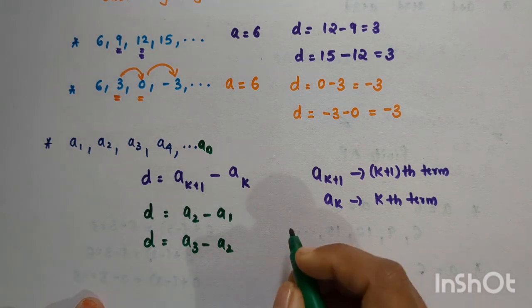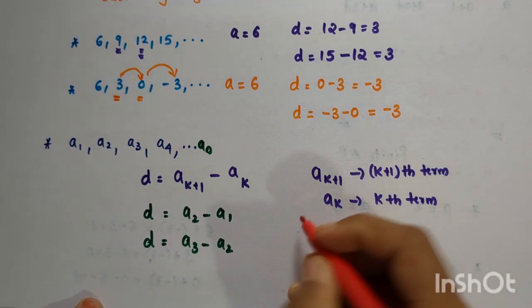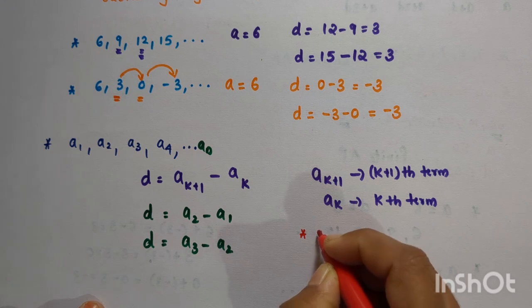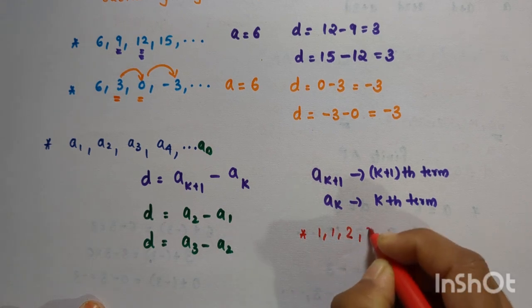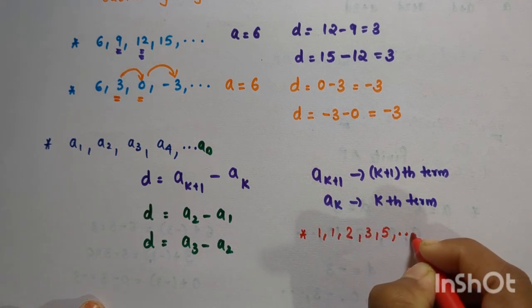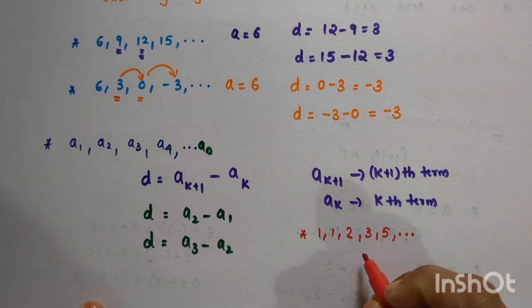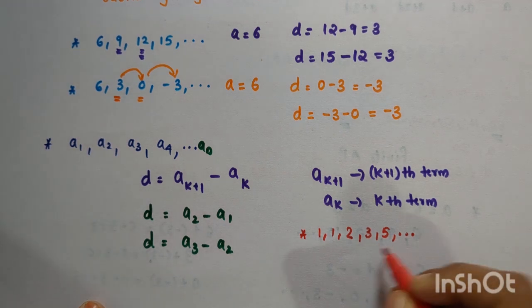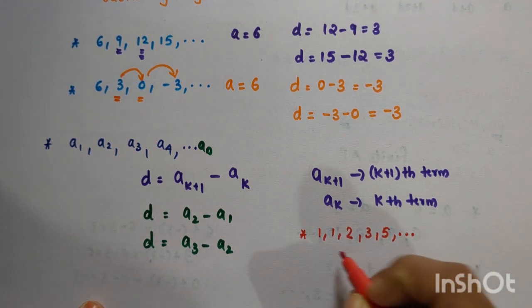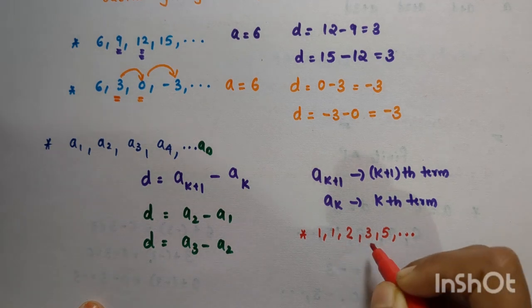Now consider a list of numbers 1, 1, 2, 3, 5, etc. Is this an AP? Here the first term is 1. The difference between any two consecutive terms is not the same.